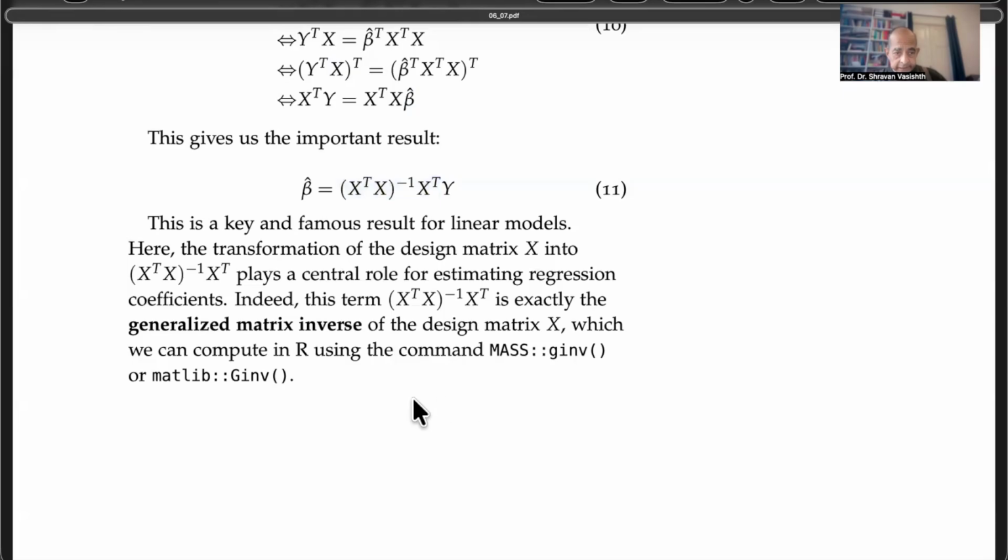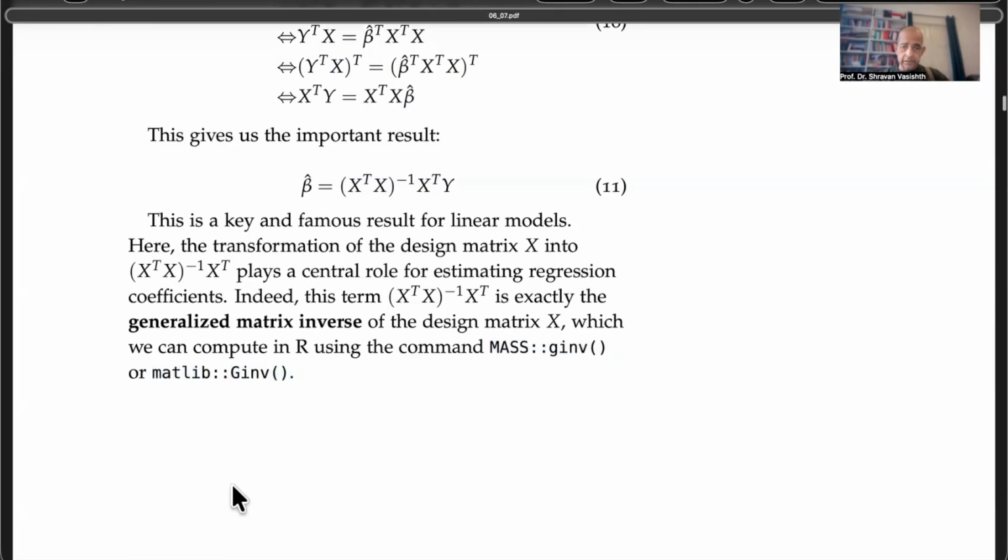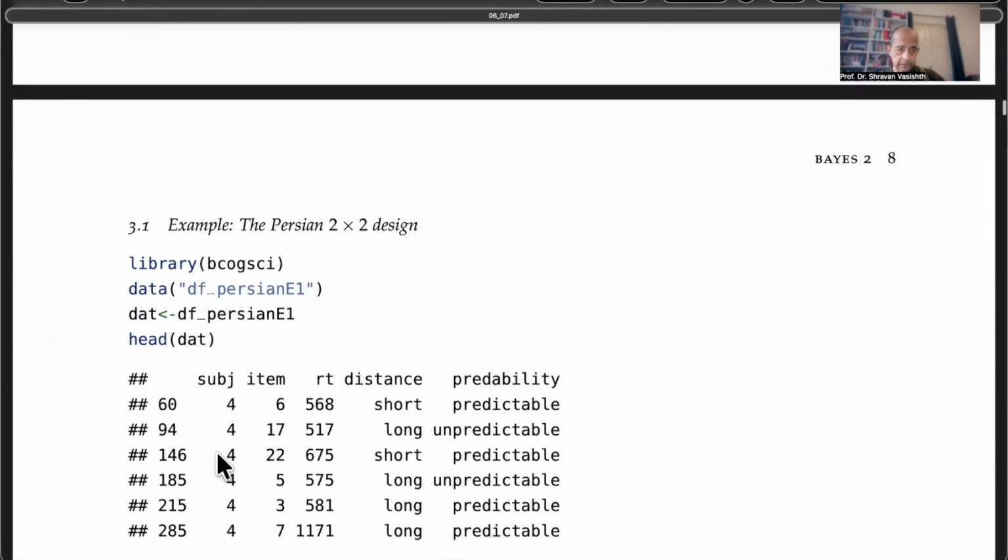We can compute this inverse in the MASS library using ginv, or in the MATLAB library using capital Ginv. Okay, so this is how these functions are implemented in R for computing the generalized matrix inverse.